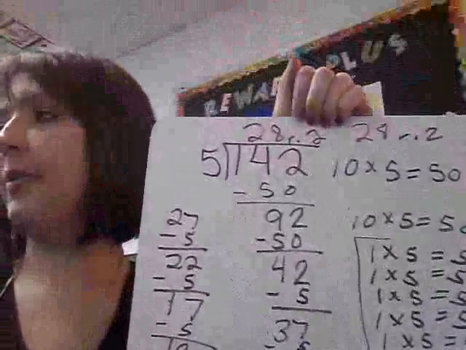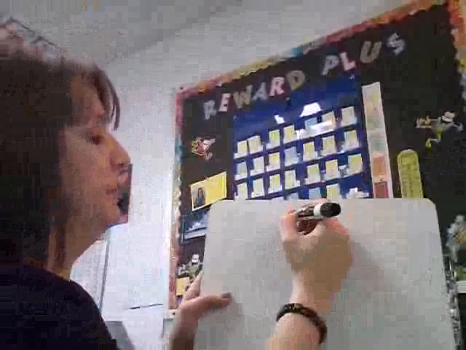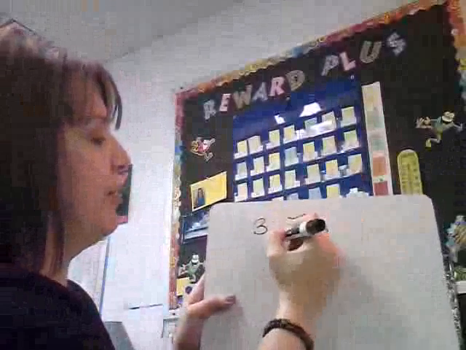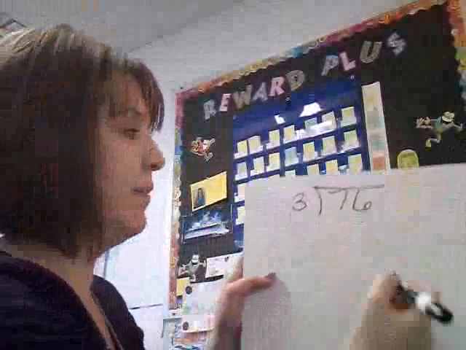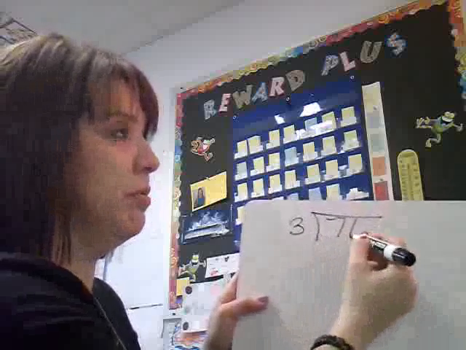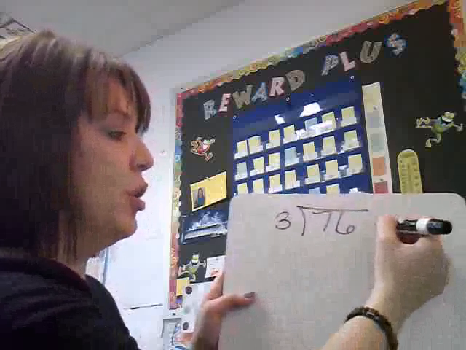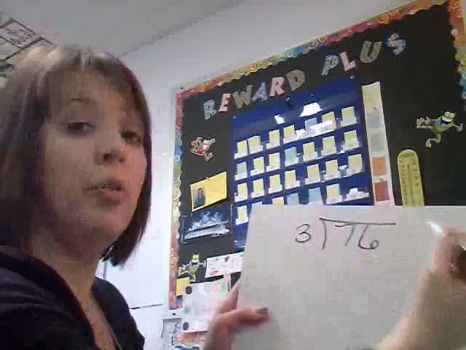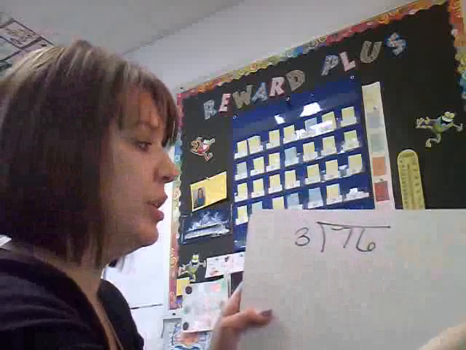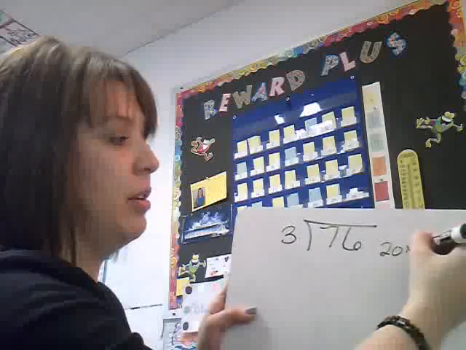Now, because we knew it was 8 groups of 5 that would get close to here, it's 1, 2, 3, 4, 5, 6, 7, 8 groups of 5. And when I get down to 2, we learned that 2 is less than 5, so that's going to be our remainder.